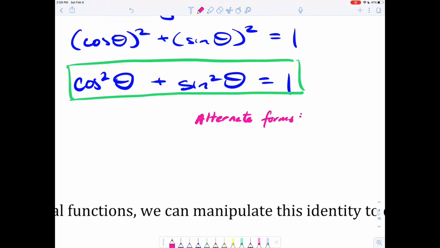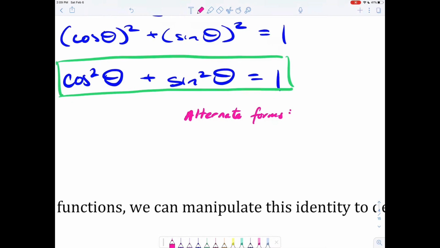And it's not necessary to memorize these forms, but just recognize that we can manipulate this formula a little bit. Like if we subtract cosine squared from both sides, then we're going to get that sine squared theta is 1 minus cos squared theta.